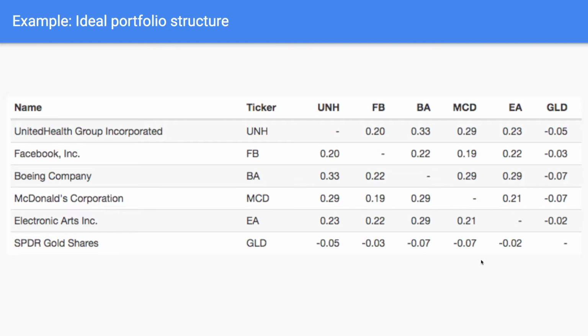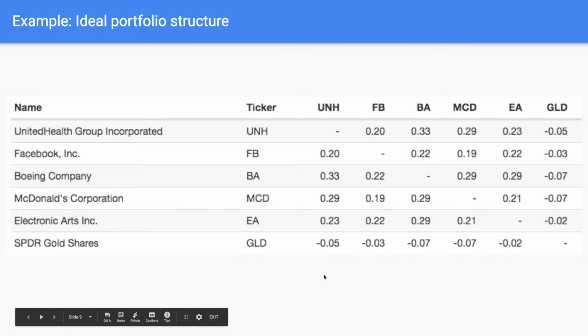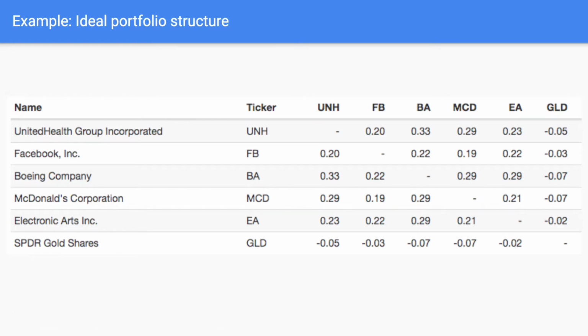But from this kind of portfolio, the highest correlated underlying is Boeing and United Health, which would be a 0.33 correlation. Additionally, gold is very uncorrelated with the stock market, so it provides very good diversification benefits when you are trying to optimize your portfolio.